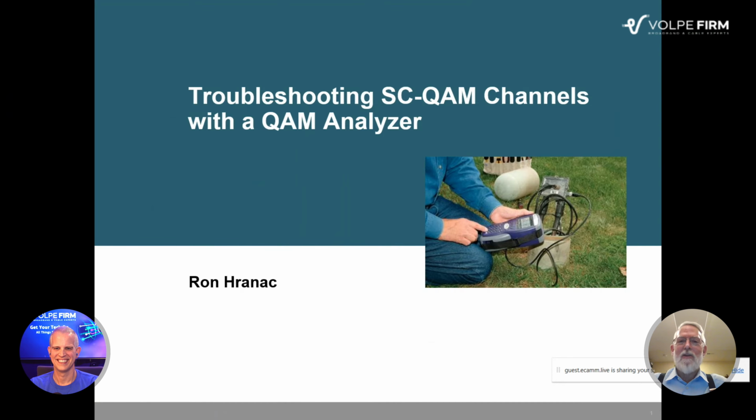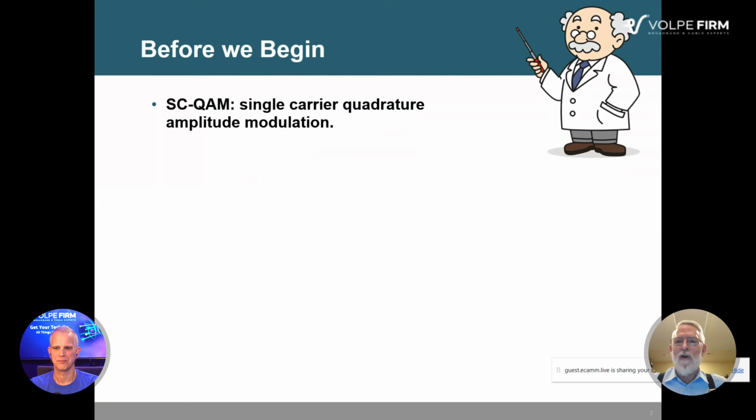So troubleshooting SC-QAM channels with a QAM analyzer is the subject of today's presentation. But of course, before we begin, we've got to go through some real high-level basics. For example, defining the abbreviation SC-QAM. That means single carrier quadrature amplitude modulation.